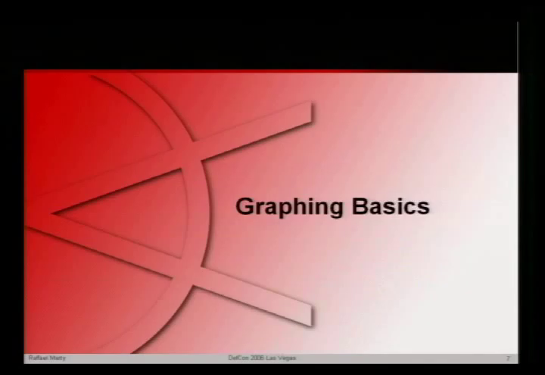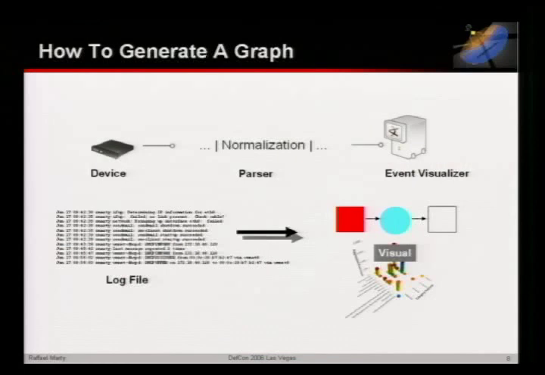All right, so how does graphing work, or what do I mean by that? There are basically two steps, if you simplify it a little bit. You have a device that generates a log file, or maybe events. You record them, and you want to make a visual on the right side, some kind of representation, a bar chart or a link graph or a tree map or something.